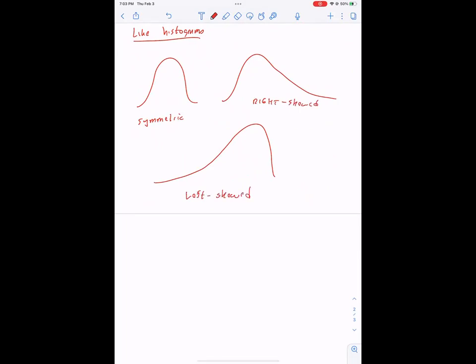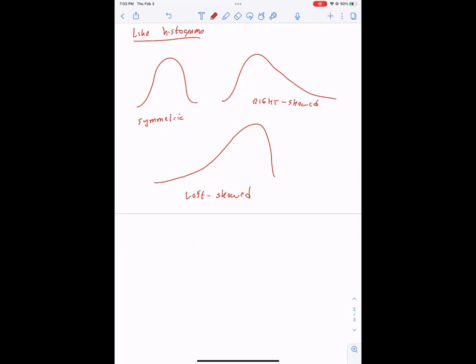So we've already come up with some examples of models out there in the world that we think are represented by symmetric normal curves, like height, like IQ. Can anyone think of any situations in the world that might be modeled by either a right skewed or a left skewed graph?